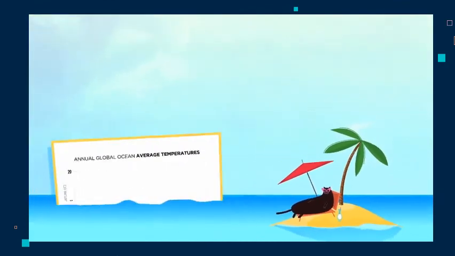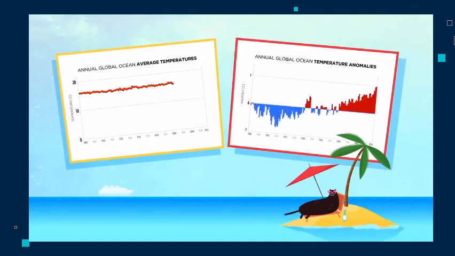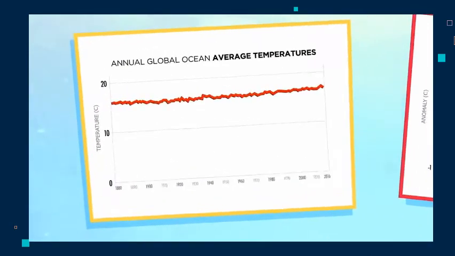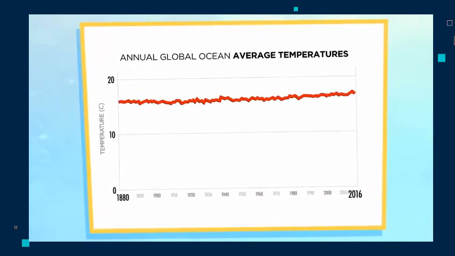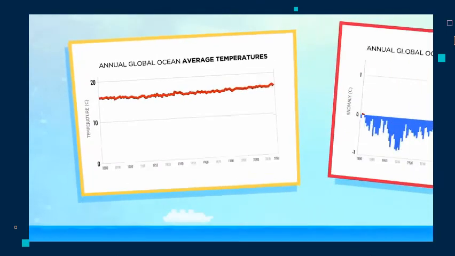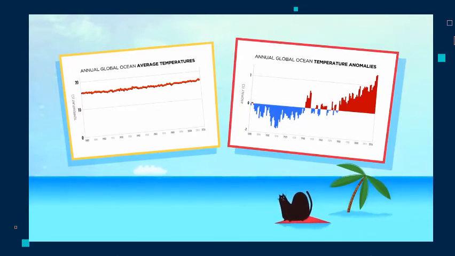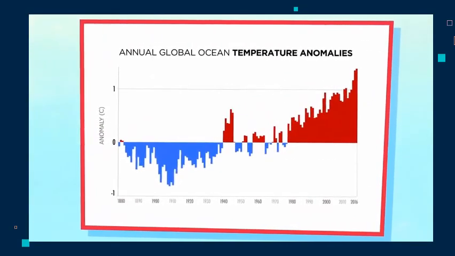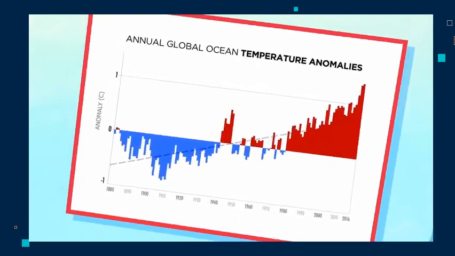Both of the following graphs use the same ocean temperature data from the National Centers for Environmental Information. So why do they seem to give opposite impressions? The first graph plots the average annual ocean temperature from 1880 to 2016, making the change look insignificant. But in fact, a rise of even half a degree Celsius can cause massive ecological disruption. This is why the second graph, which shows the average temperature variation each year, is far more significant.